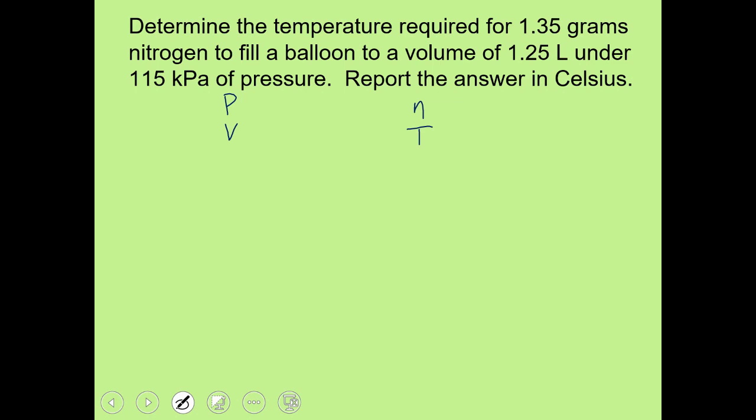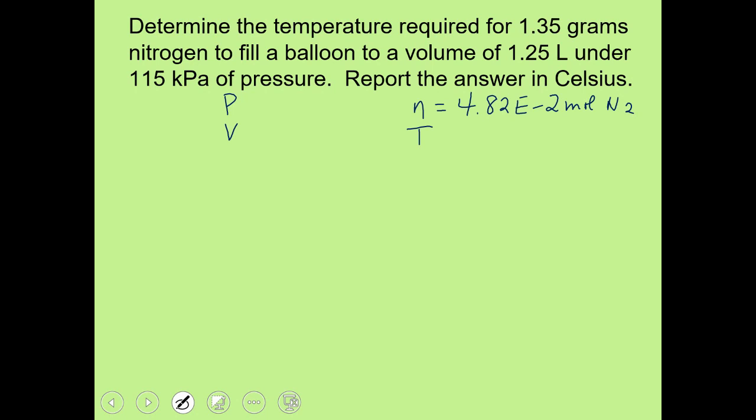So 1.35 grams of nitrogen, I'll take that and convert that to moles. Remember, you've got to double the nitrogen. It's 28.02 because it is diatomic. And so for the moles, I got 4.82 times 10 to the negative 2 moles of nitrogen.